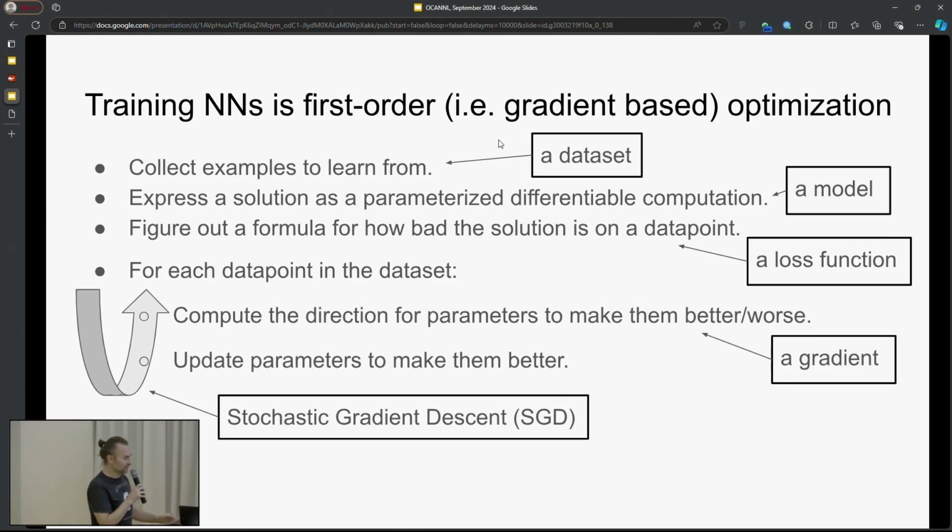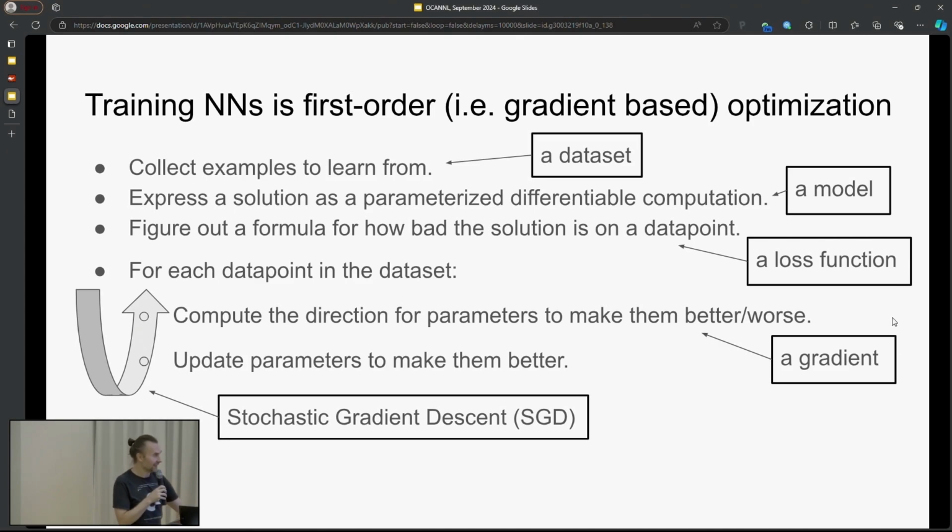Then we need to represent the solution as a parameterized function. That will be our model. So a particular neural network is a model. Then we need to figure out how to score that solution on the data set. That's going to be the loss function.